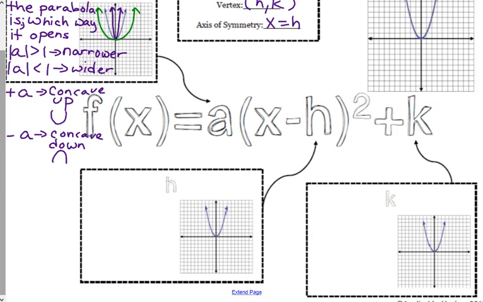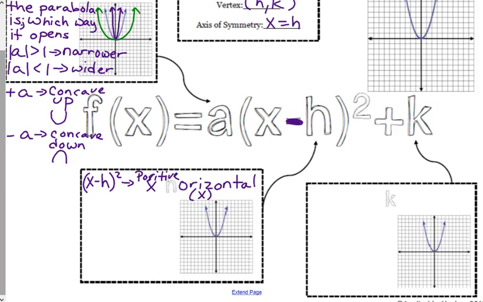All right, so the next letters that we need to worry about are h and k. So h tells us that we're shifting in a horizontal direction, and that means we're changing the x value. So one thing we need to remember is that because it is minus in the original formula, we're going to use the opposite for figuring out our vertex from an equation. So if we have x minus h, that gives us a positive x.